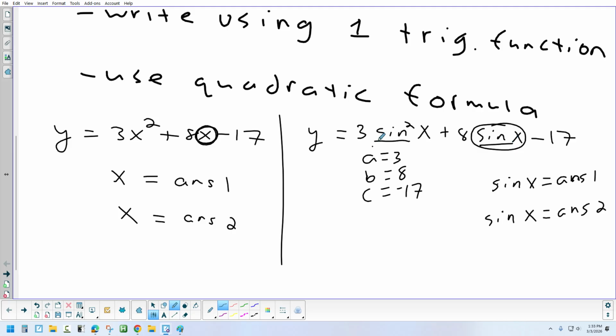And we do. Sine and sine. Second thing, this exponent has to be double that exponent. Third thing, the term at the end has to be a number. Those are the three things that have to happen for you to use the quadratic formula.